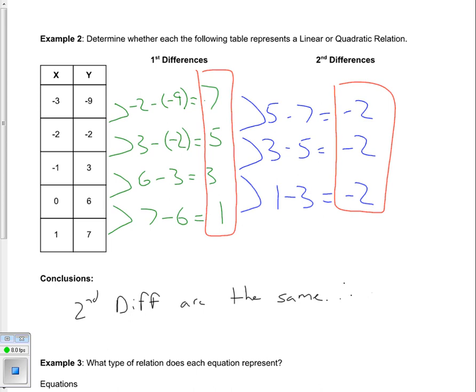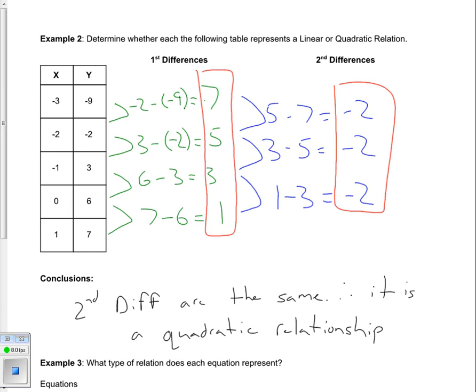Therefore, it is a quadratic relationship.